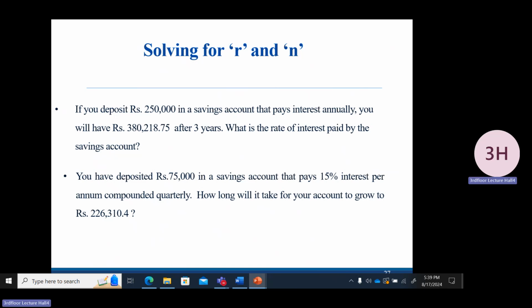Time value of money is not free from risk. The rate of return here, suppose 12%, includes the risk-free rate of return plus a risk premium.